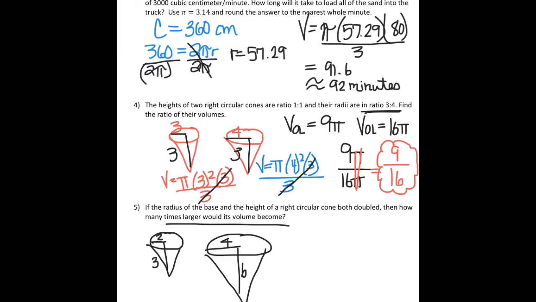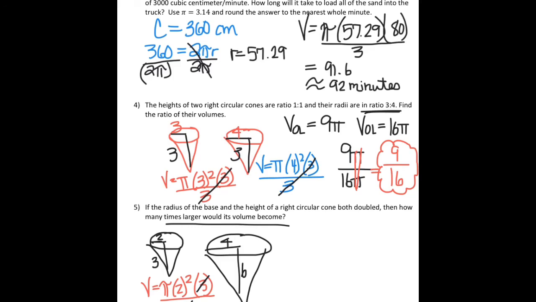So let's figure out the volume of the small one. Volume equals pi times the radius, 2, squared, times the height, 3, all over 3. Well, you'll see that the 3's cancel out. 2 squared is 4, so the volume of the small cone is 4 pi.